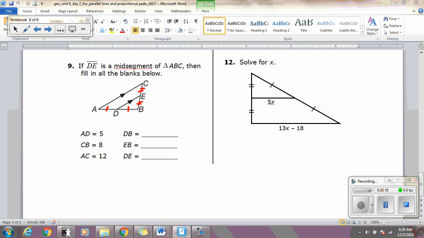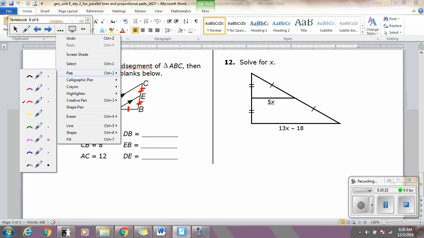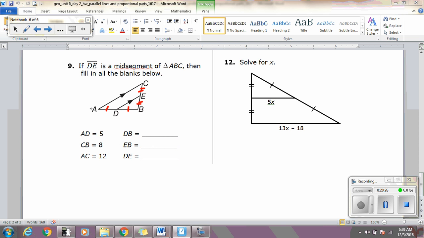Okay? Now that we got that out the way, let's label what they tell us. They tell us that AD is 5, and then they want us to find DB, so automatically that's also going to be 5 because they're congruent. Then it tells us that CB, which is this whole side here, is 8. And they would like us to find part of that 8, which is EB.